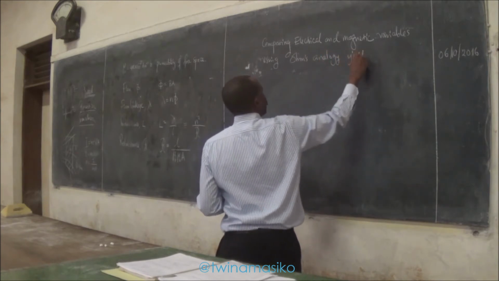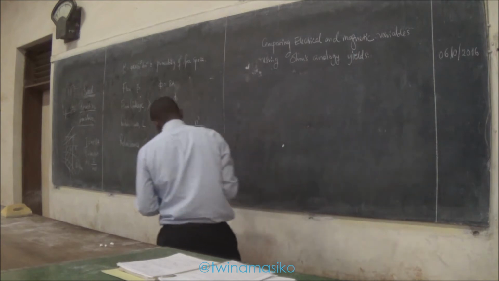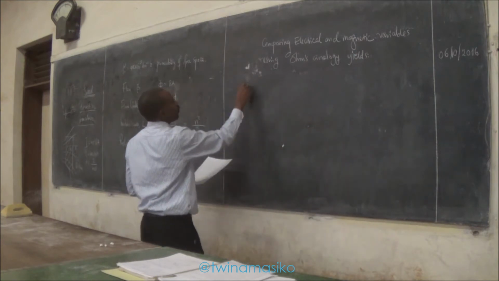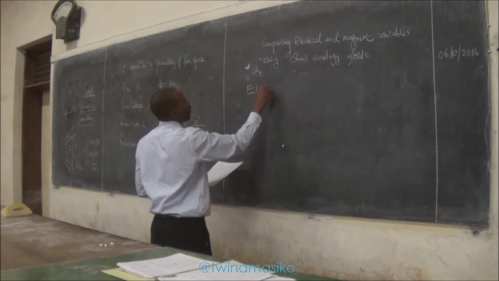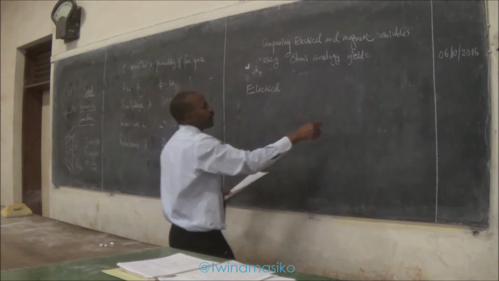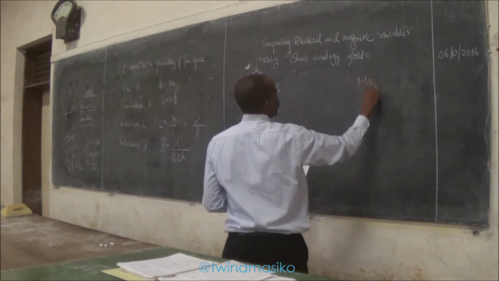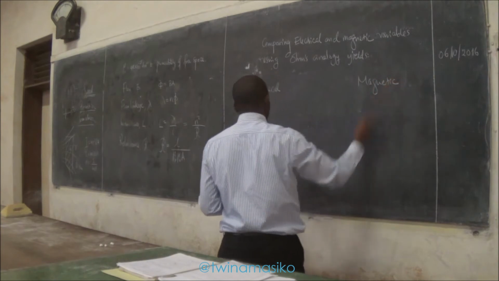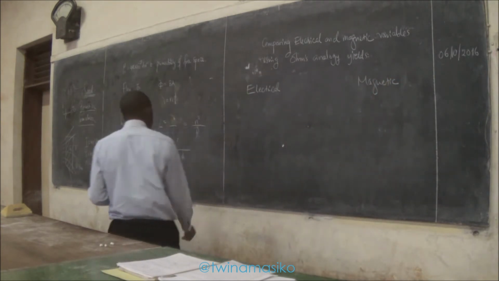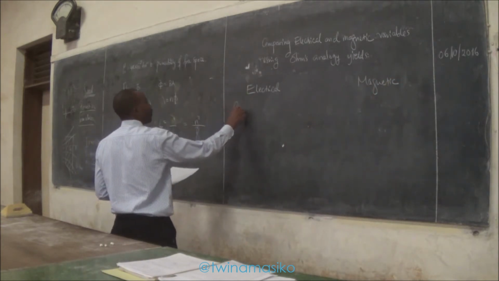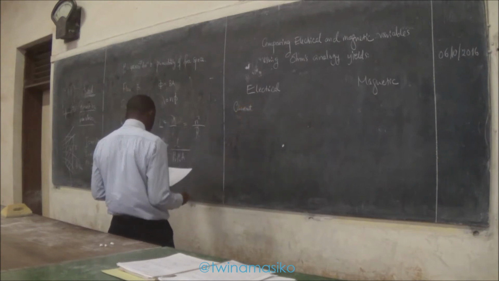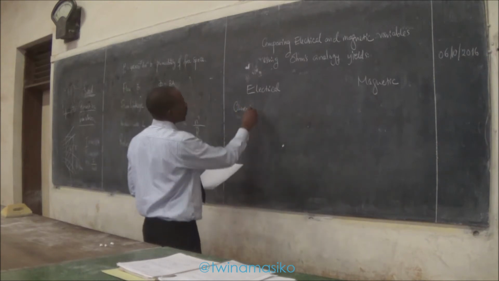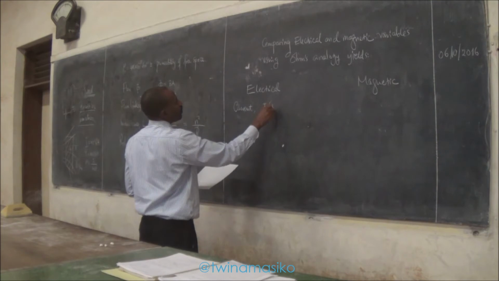This yields, we can put it in the form of a table. We have the electrical part here, then we can have the magnetic part here. So I will start with the current, which we denote as I, and is measured in amps.